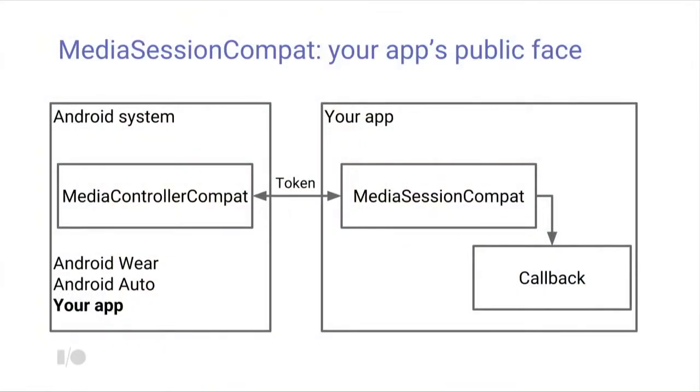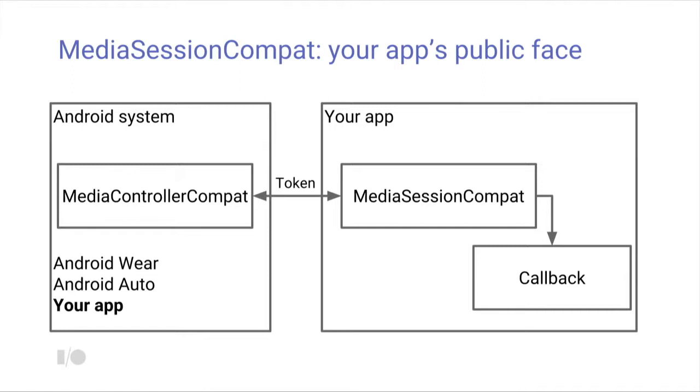When you're actually creating a Media Session Compat, it's doing a lot more for you than you might think. It's creating what's called a token, which is just a parcelable wrapper around a binder, but allows anyone, whether it's the Android system, or Android Wear, or Android Auto, or even your own app, to build media controller compats.